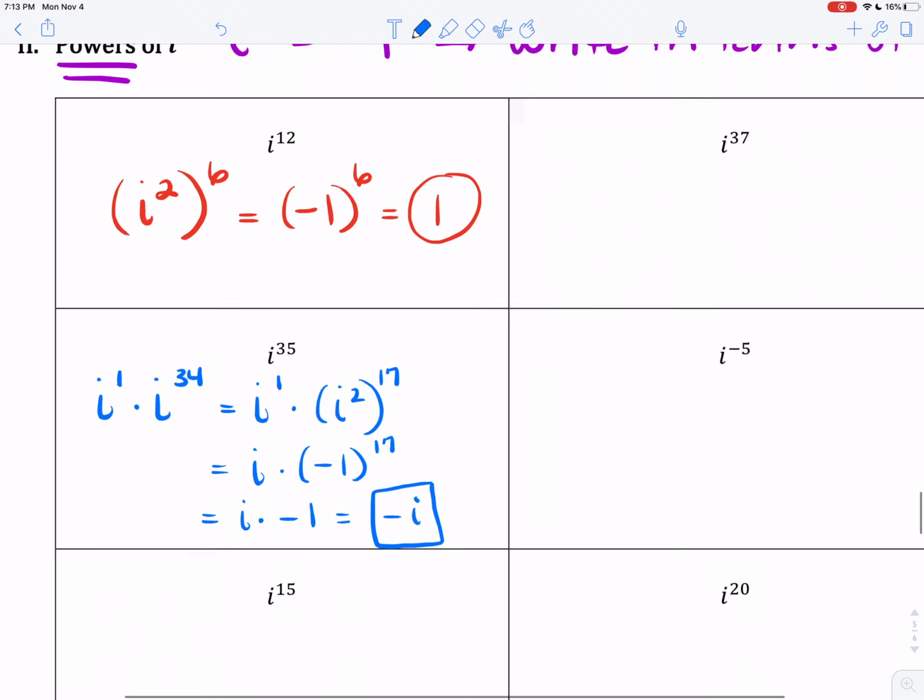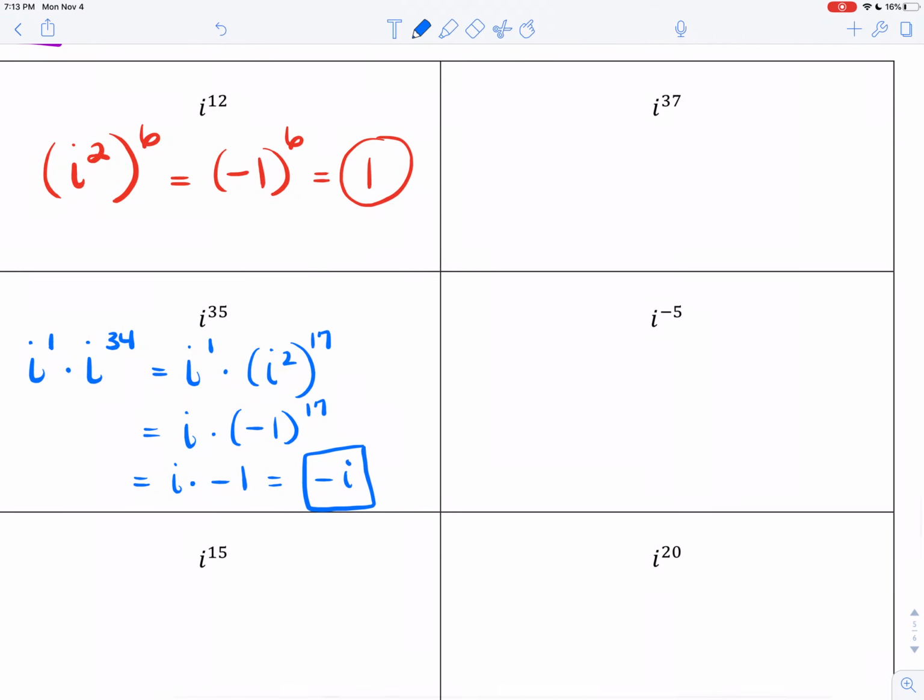All right, and then remember what you know about negative exponents, right? If an exponent is negative, the first thing we do is make it positive by looking at the reciprocal. So I would write this as 1 over i to the 5th power, and then I would do just what I did over here with an odd exponent. I would write this as i to the 1st power, and then what's left will be an even exponent.